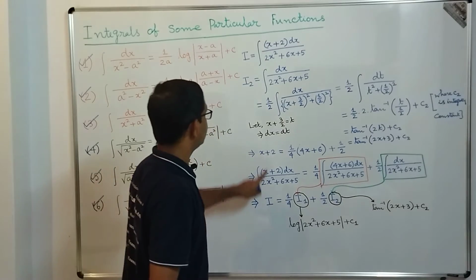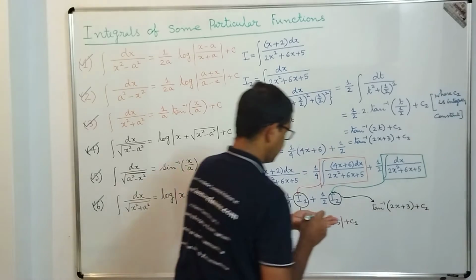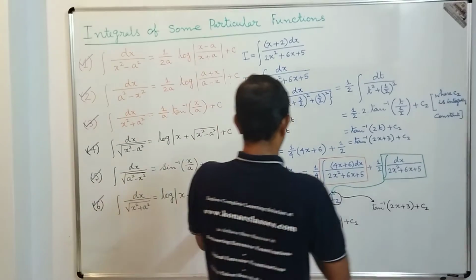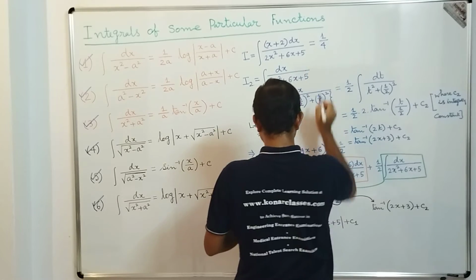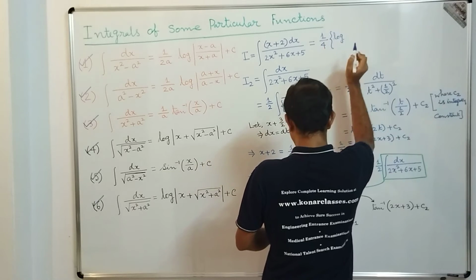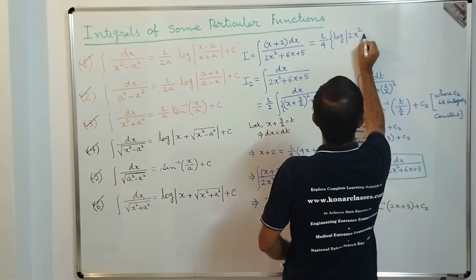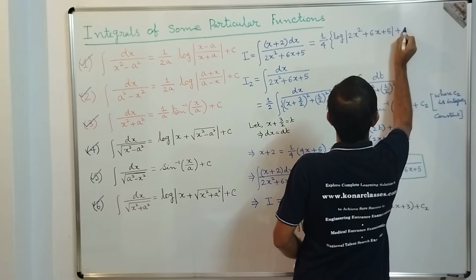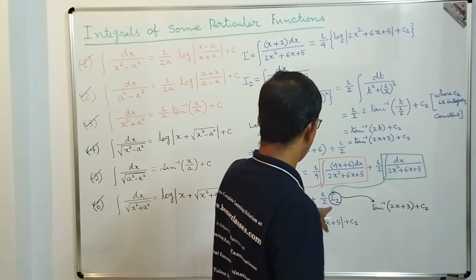Now all you need to do is to find the value of I, that is equal to 1 by 4 into this plus 1 by 2 into this. Okay, so let's do it here. So this is equal to 1 by 4 into I1. I1 is what? That is equal to log of mod 2x square plus 6x plus 5 plus c1, correct, plus 1 by 2 into I2.